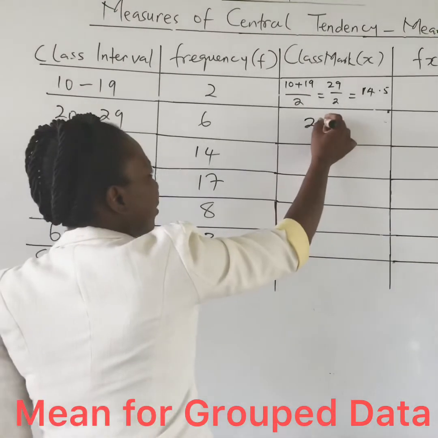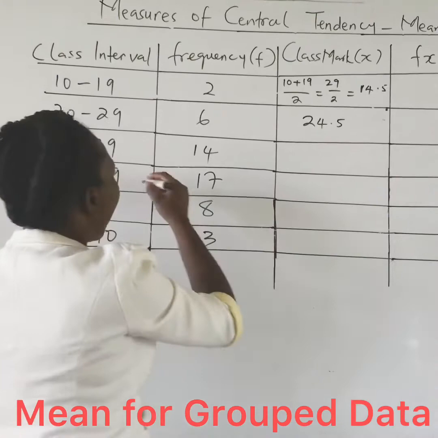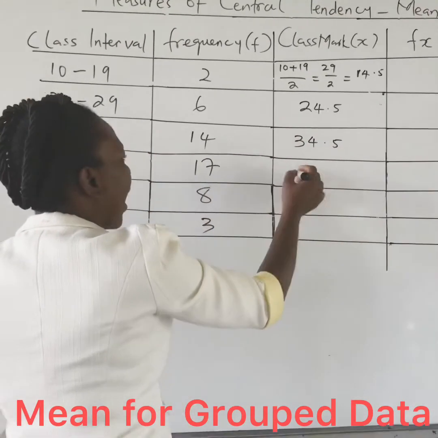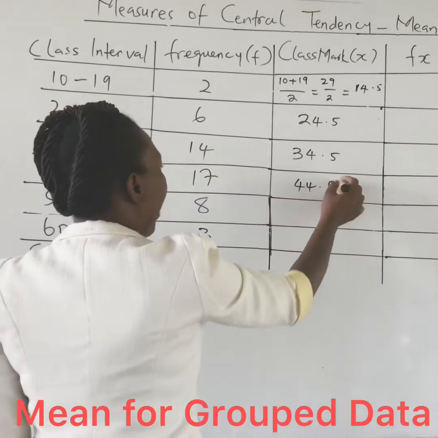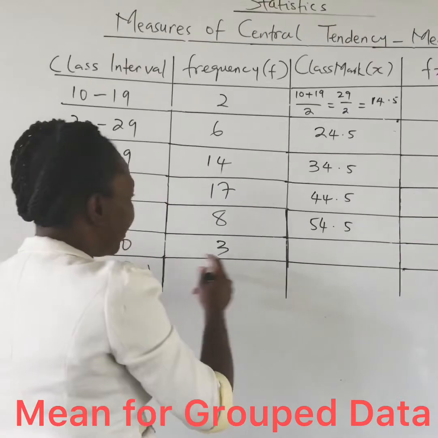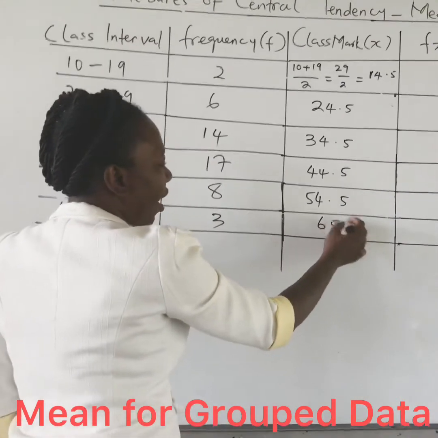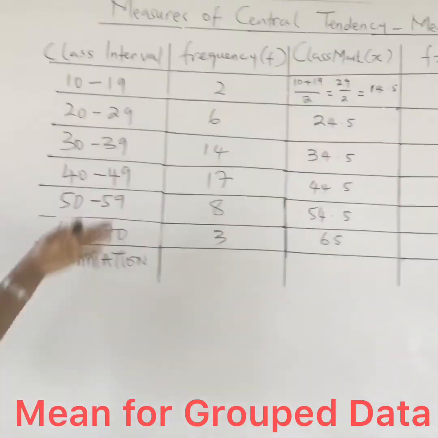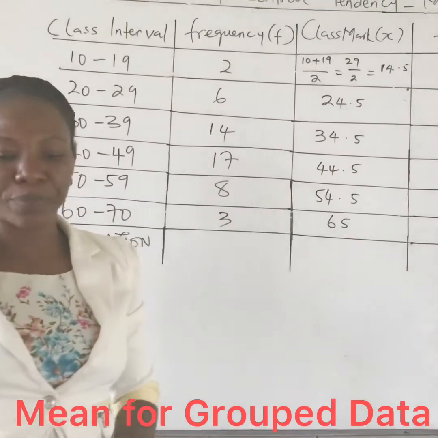Here I will have 24.5, and for here I have 34.5. For here I have 44.5, and here I have 54.5, and this will give us 65. Okay, these are the class marks representing these class intervals.